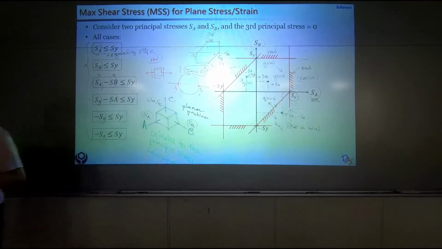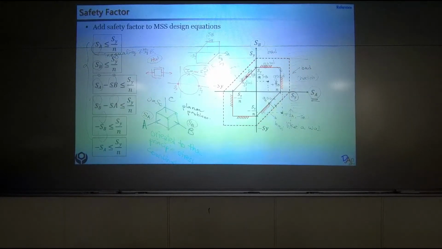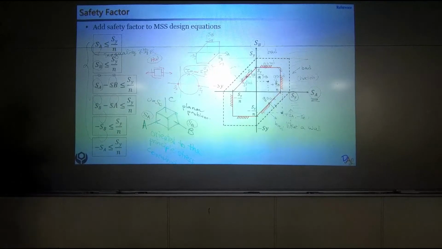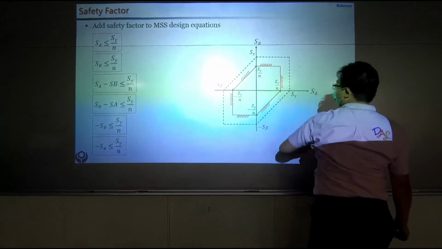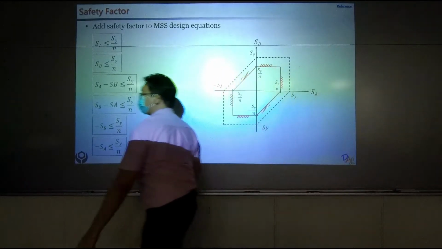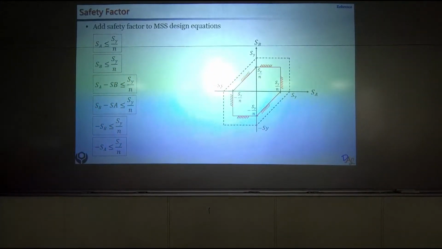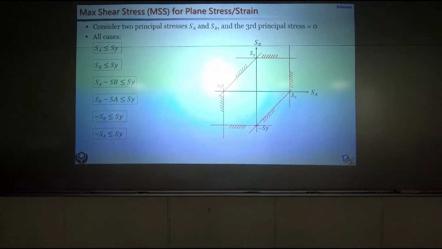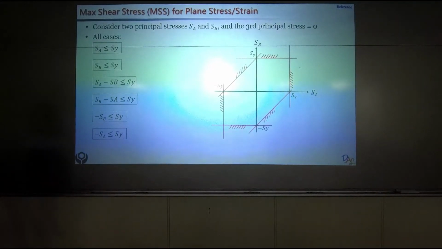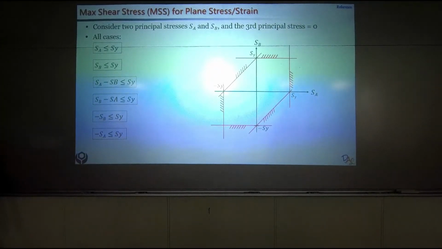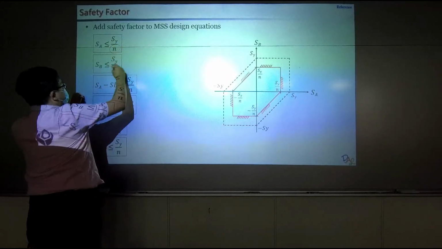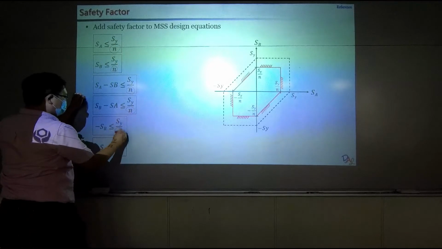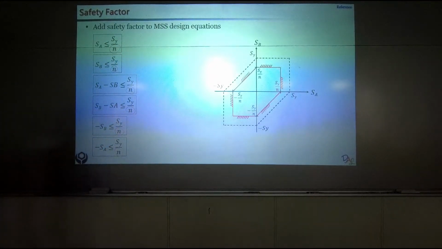So how do we, this is about how safe it is. So what does that mean? Previously, I had a gray shape, a gray boundary. Now I want my design to be safer, so I decided to apply a safety factor on the right-hand side of my equation at the bottom. Okay?